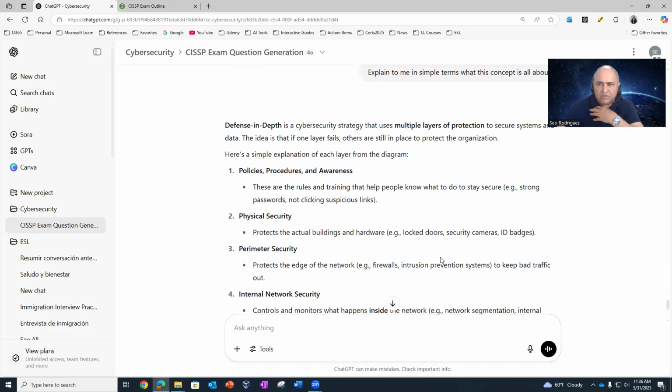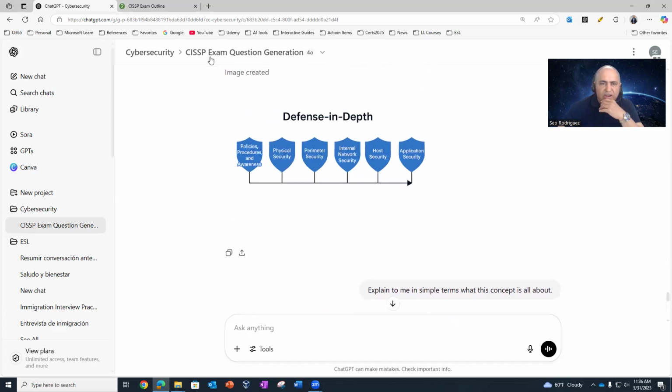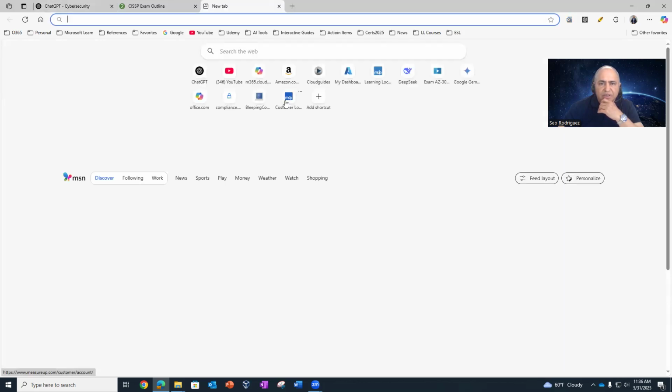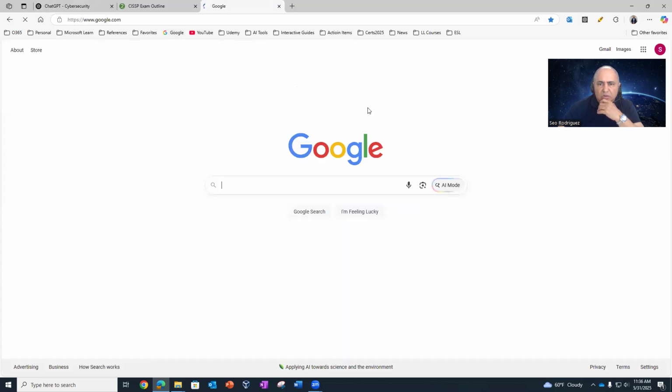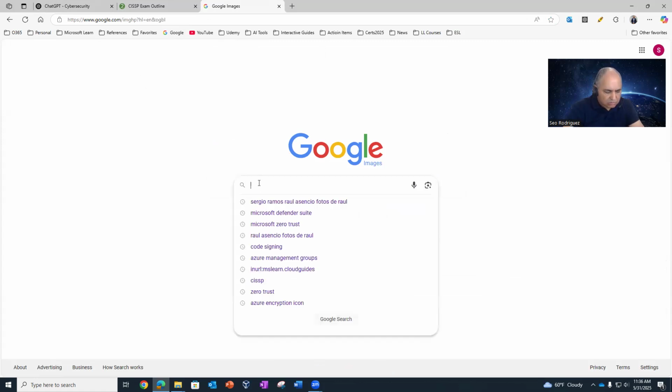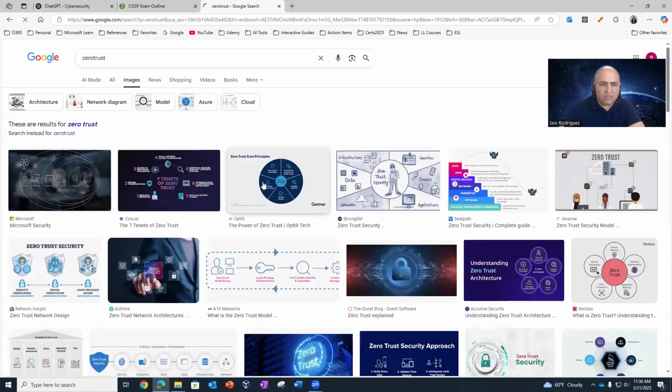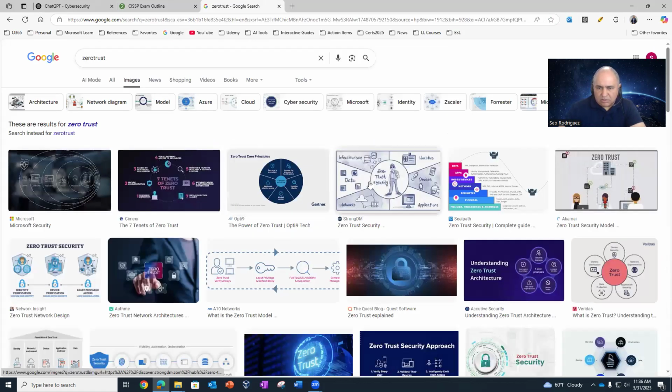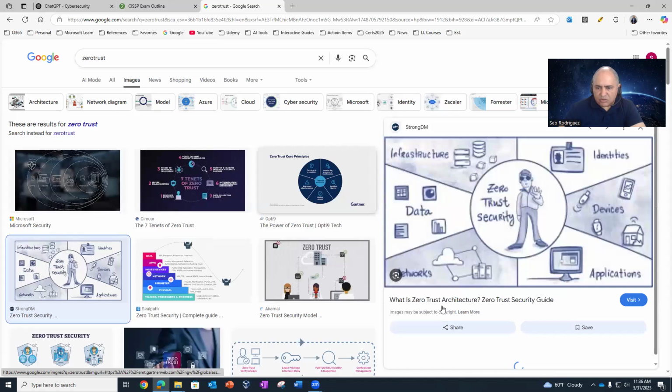In the same token, you can take an image. You can go to the internet, look for an image, let's say about zero trust. All right, let's take this one.